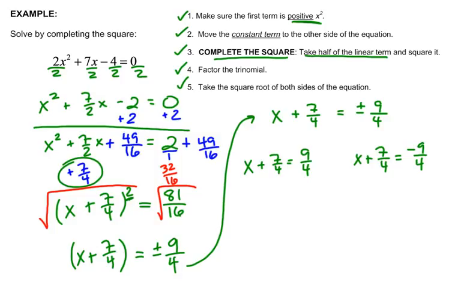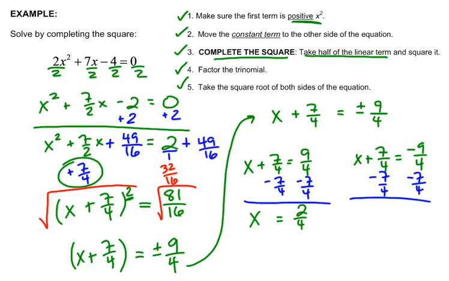But to do this, we're basically just going to subtract 7/4 from both sides of this equation, and that would leave me with x is equal to 2/4, which we'll simplify in a moment. And then coming over here, minus 7/4 from both sides leaves me with x is equal to negative 16/4, which again we can simplify.